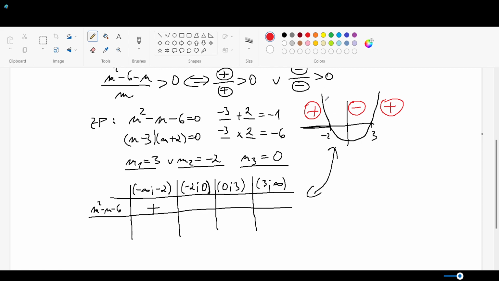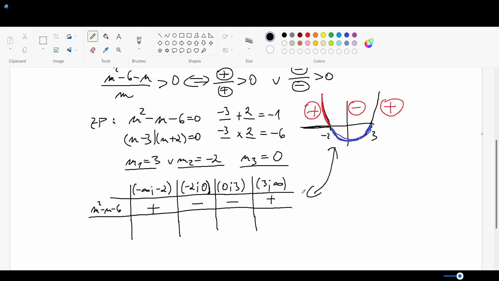Then I'm going from -2 to 0, and as well from 0 to 3, which is negative. So I'm now in this part of the graph where all the values are negative numbers, and from 3 to infinity, again, I'm sorry, I'm going to use the same color here.